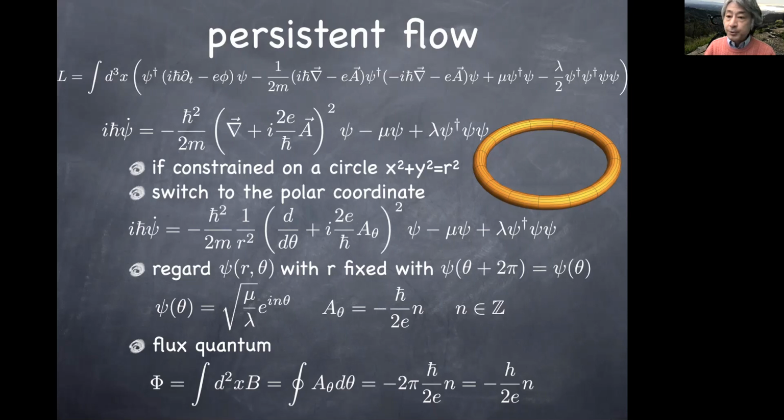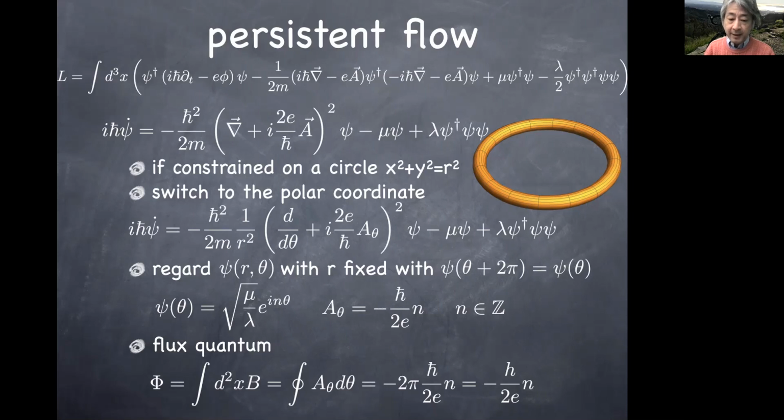So that actually gives you the idea called flux quantum, namely that if you compute the magnetic flux going through this hole inside this tube, that's the area integral of the magnetic field. And using the Stokes theorem, area integral of the magnetic field is the line integral of the vector potential.